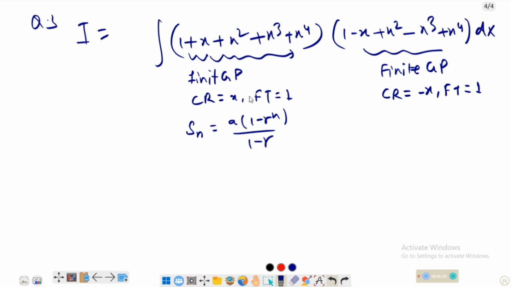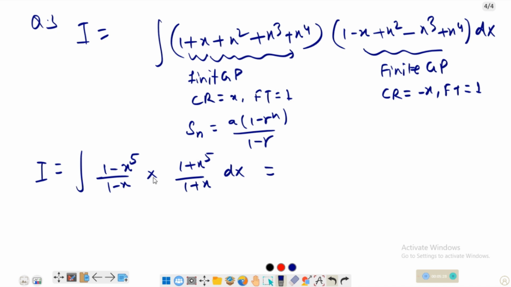So using this fact, I is equal to 1 minus x to the power 5, there are 5 terms, upon 1 minus x, into 1 plus x to the power 5 upon 1 plus x, because the common ratio is minus x, dx.